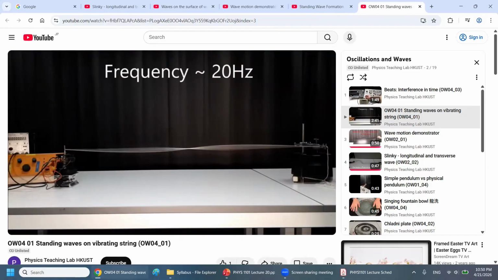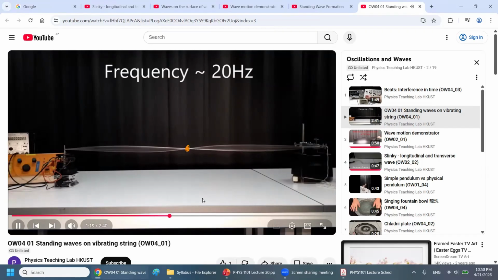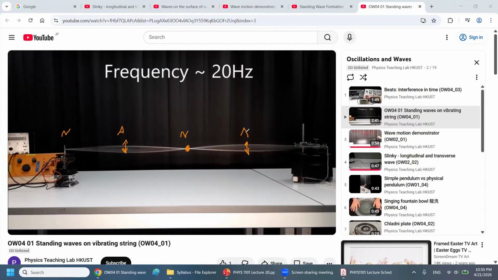Pay attention to this point: it doesn't move in space. It's a fixed point. And then we have two antinodes here, where there is maximum displacement. So node, antinode, node, antinode, node, right? And in here we have a half wavelength, and in here we have a half wavelength.